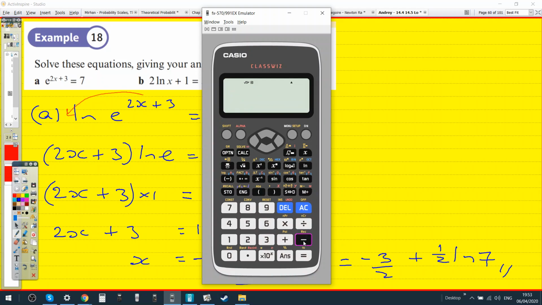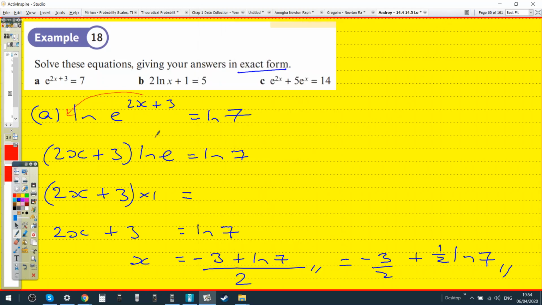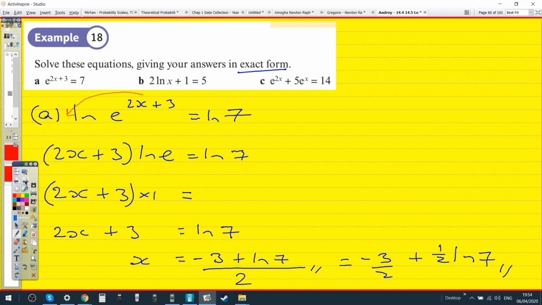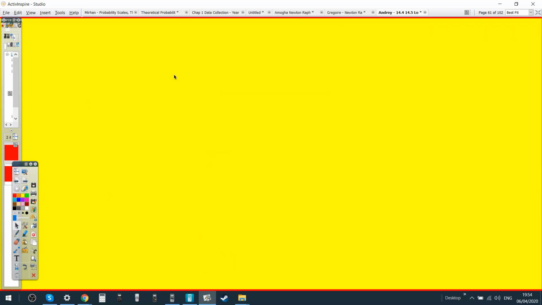And you can put into your calculator minus 3 over 2 plus a half ln 7, and we get the same number. Yeah. So we can use it to check. Any other questions there? No. Okay, so exact form is how they prevent you from using just a calculator. Let us do part C.